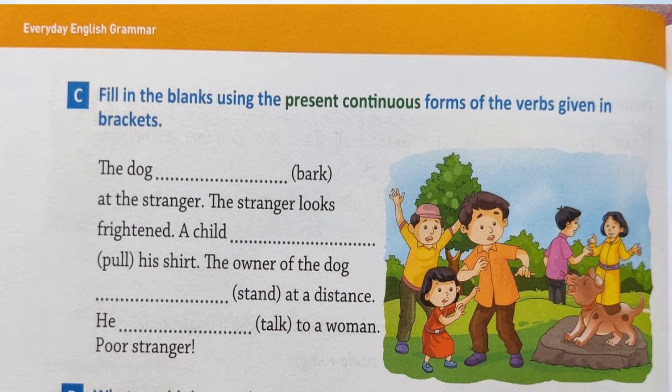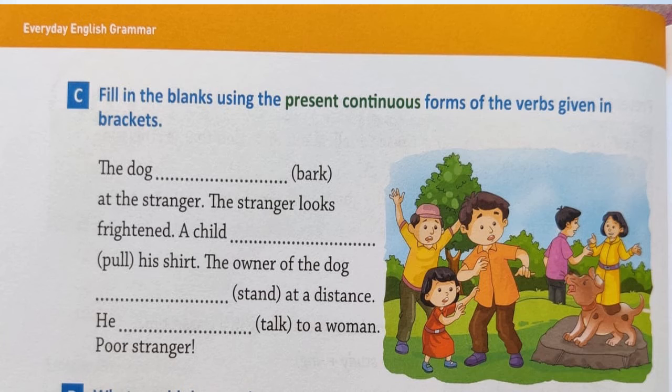Exercise C on the next page. Fill in the blanks using the present continuous forms of the verbs given in brackets. Children, you need to read along with me. The dog dash. We have to use the word bark as present continuous.